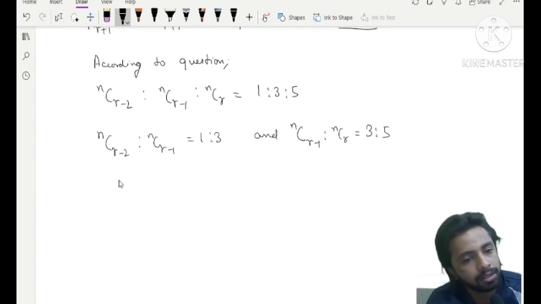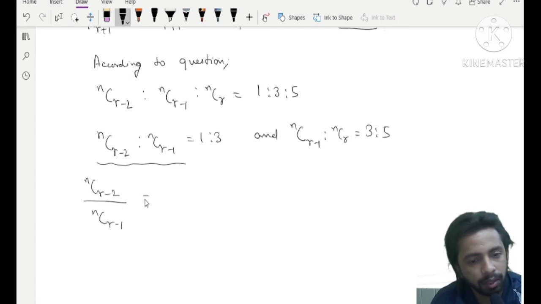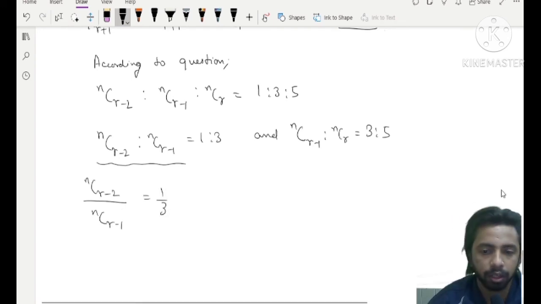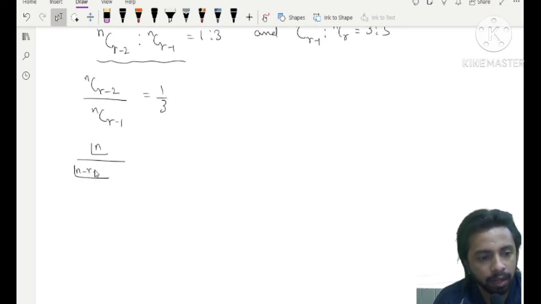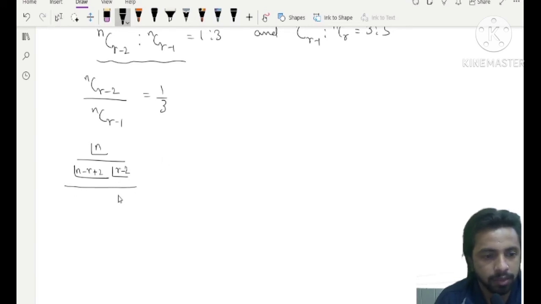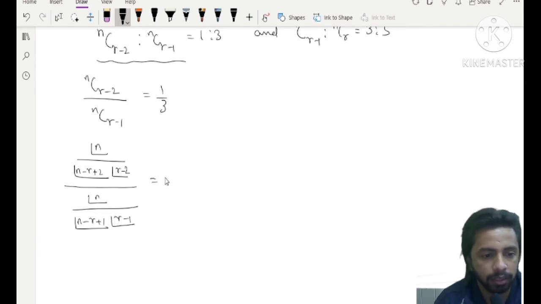So let's start with this one. ncr minus 2 by ncr minus 1 equals 1 by 3, which means just apply the formula of combination: factorial n by factorial n minus r plus 2 times factorial r minus 2, divided by factorial n by factorial n minus r plus 1 times factorial r minus 1, and this will give you 1 by 3.